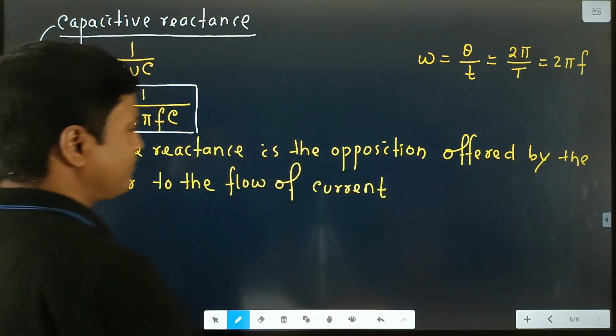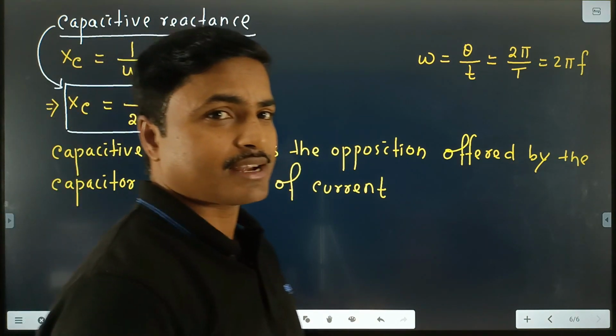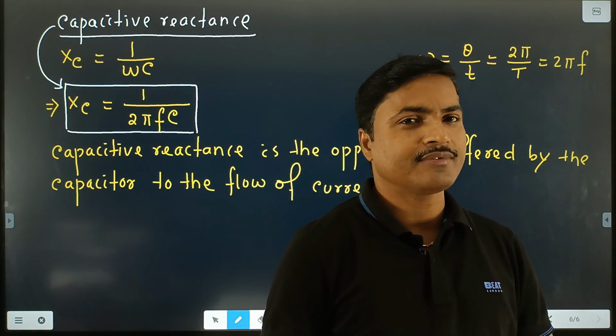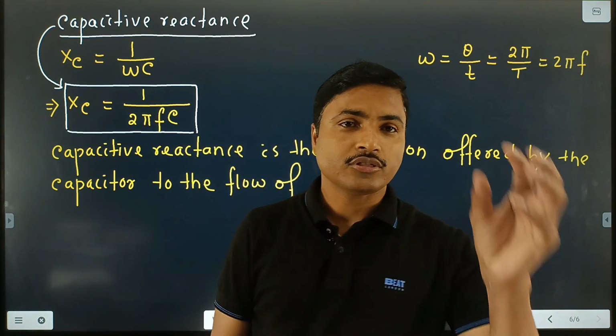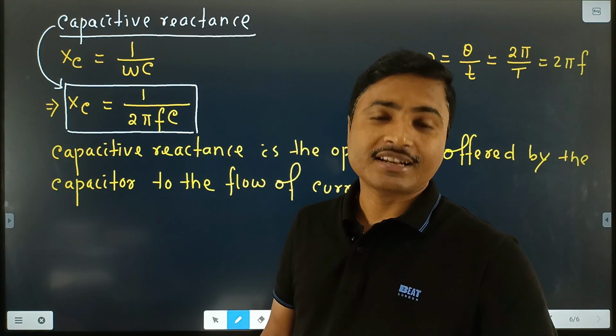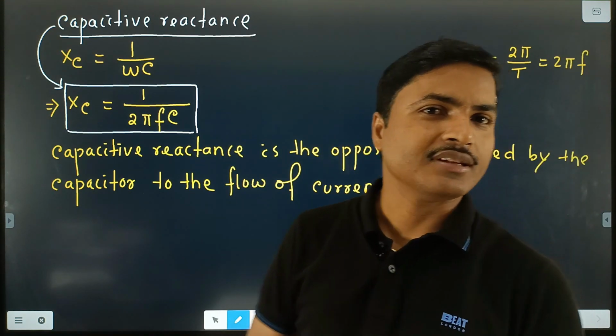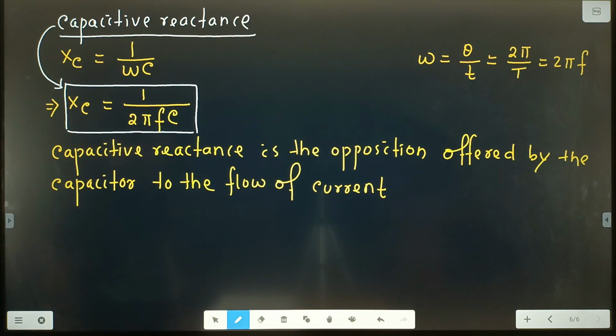That means opposition offered by the capacitor to the flow of current is known as the capacitive reactance. Clear? That means when current flows through a capacitor, the capacitor opposes the flow of the current, and that is known as the capacitive reactance. And this is the main mathematical expression.